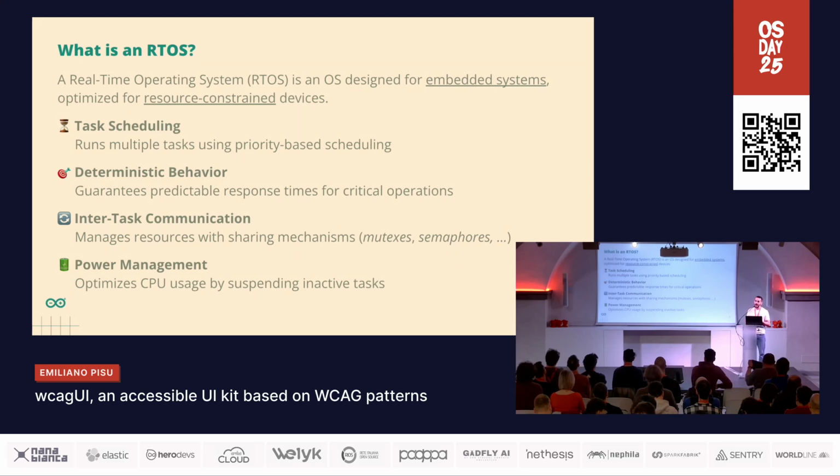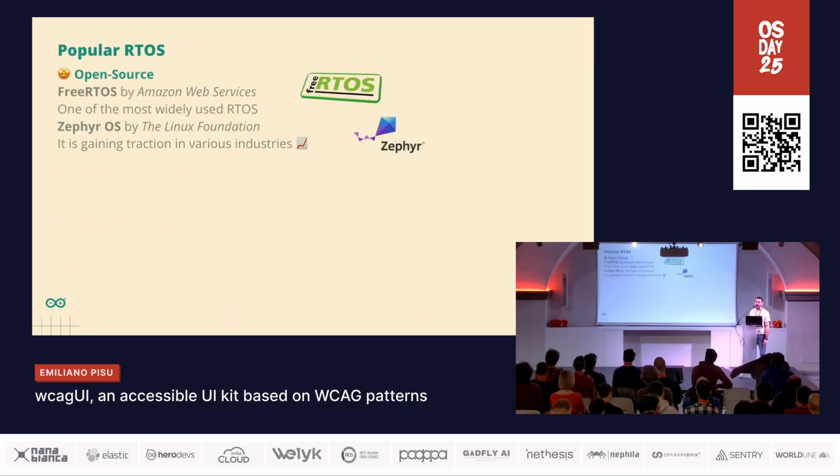In RTOS, when a task is not executed, it is removed from the memory, so you don't waste memory and power. There are a lot of RTOS, for example open source RTOS and proprietary RTOS. The most famous RTOS is FreeRTOS, developed by Amazon Web Services, open source, and one of the most widely used RTOS.